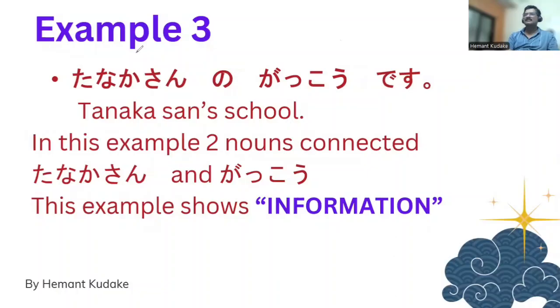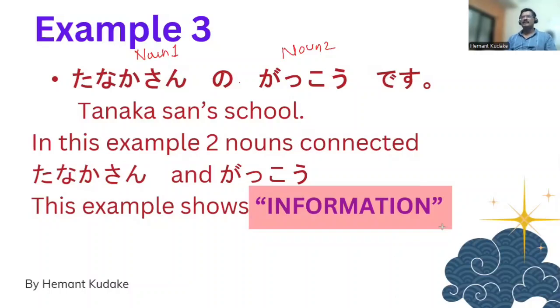Here again Tanaka-san is noun one and gakko is noun two. In Hindi, Tanaka-san ka school; in Marathi, Tanaka-san cha school. So noun one and noun two are connected by particle no. In this example, particle no gives information.